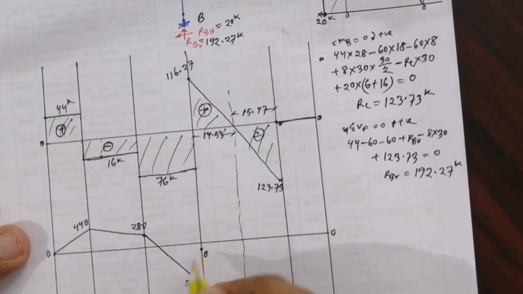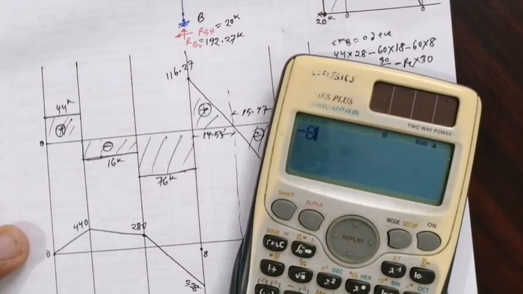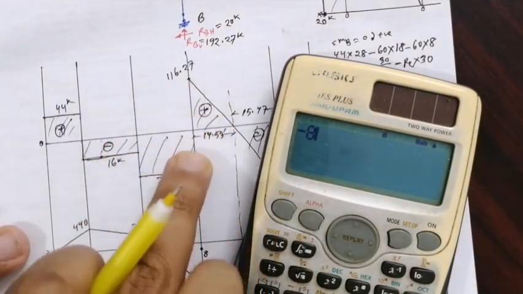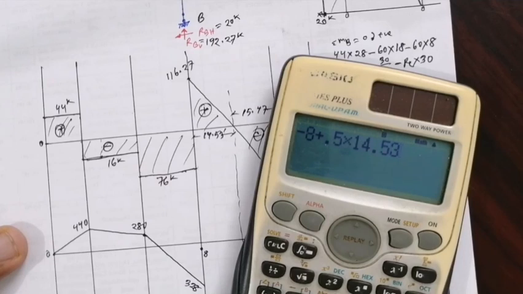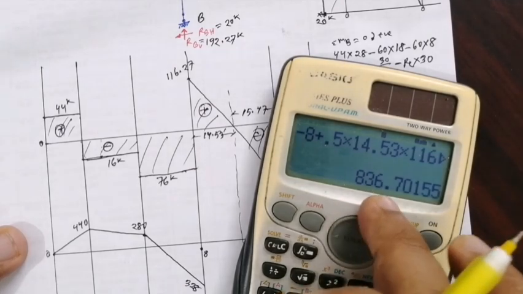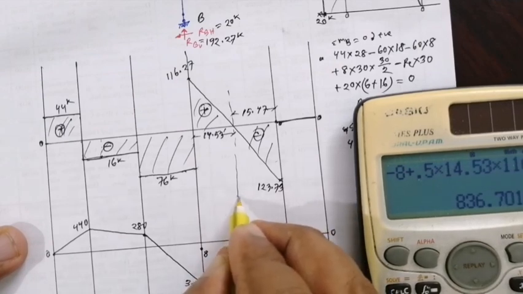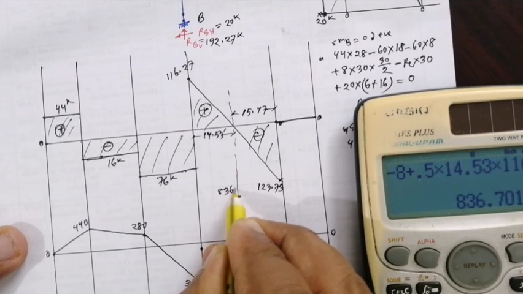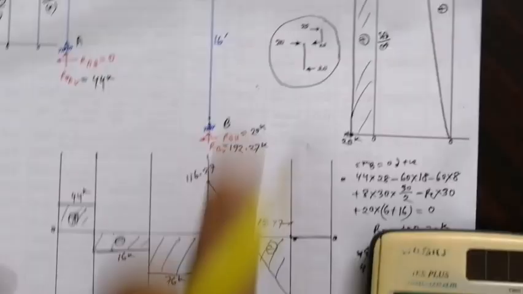So this 8 is now positive, so we have minus 8 moment and positive. This is a triangle with base and height, so the positive area of the triangle is half into base 14.53 into height 116.27, this is 836.7, positive. This is a curve because the load is distributed.